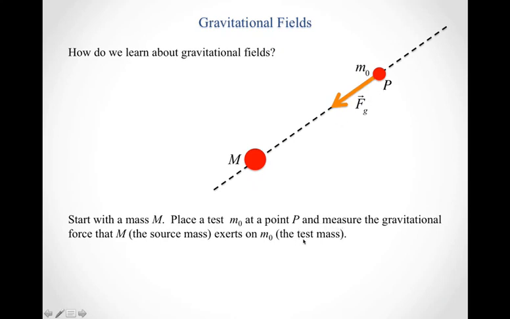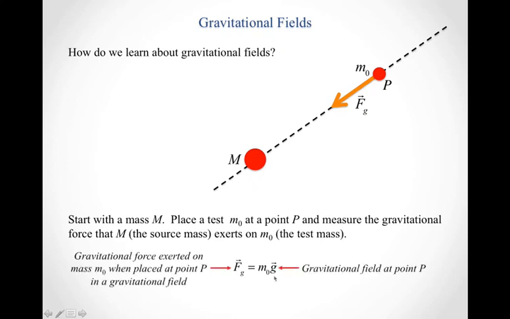Part of why we've been talking about a test mass is because that's what we're going to use to probe the gravitational field. Once I've placed my test mass out there in space at point P, I can measure the gravitational force it feels and then use this relationship to tell me what's going on with the gravitational field. Again, this equation says that the gravitational force exerted on my test mass, m0, when placed at a point P in the gravitational field, is given by m0 times the gravitational field at that point.